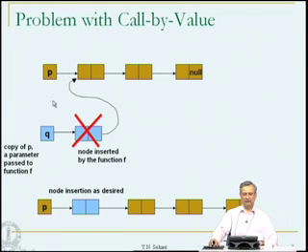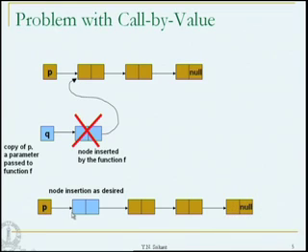This is a pointer to this linked list. When we make that function insert a node in the front of the header, what we want is something like this. This is the original header, then we have the new node which is inserted, and then the rest of the linked list.